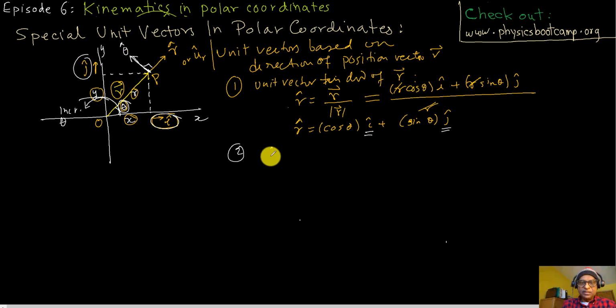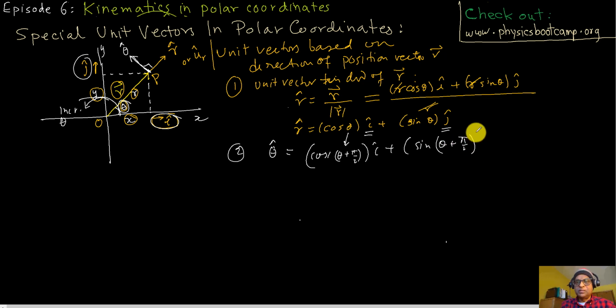If you do that, you can show that theta hat, if you just rotate this direction vector by 90 degrees, you can just put theta plus pi over 2: cosine of that times i hat plus sine of theta plus pi over 2 times j hat.